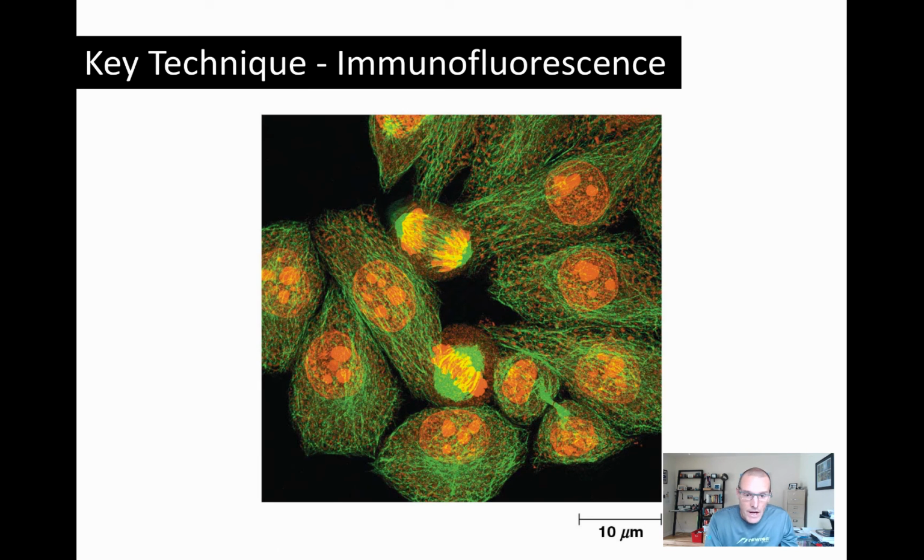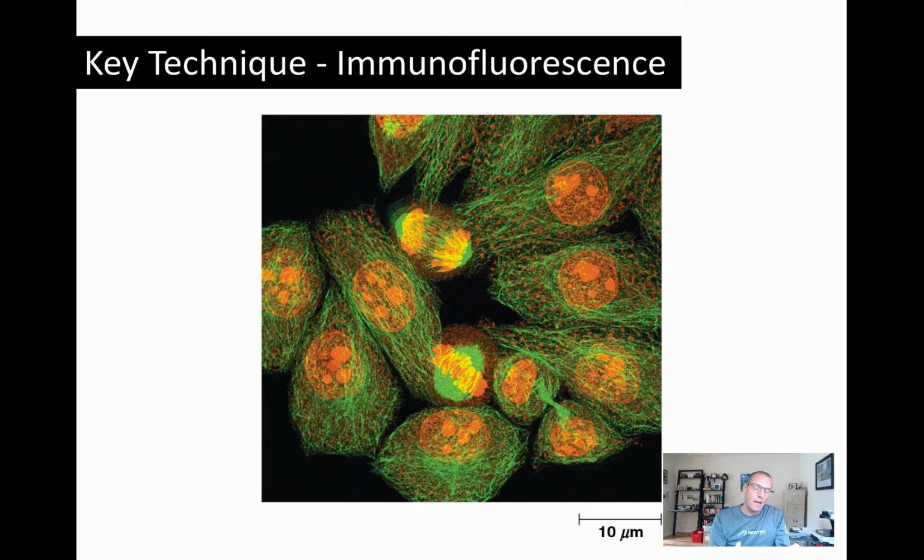So what we're seeing here is a dual labeling. So this is two fluorophores being used here. The first thing that's been labeled are the microtubules, and they've been labeled using immunofluorescence, and so the first antibody recognizes the tubulin, the second antibody with the fluorophore binds to the first antibody, and when we illuminate that with one wavelength of light, it glows green, and we take a picture of that.